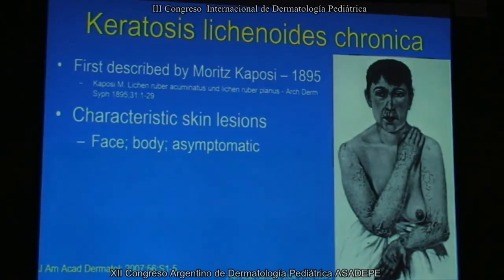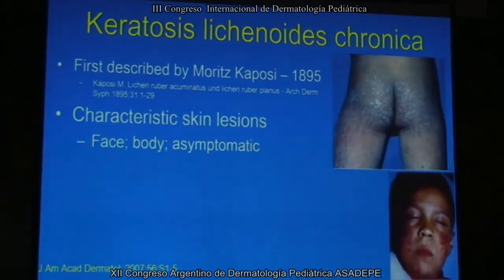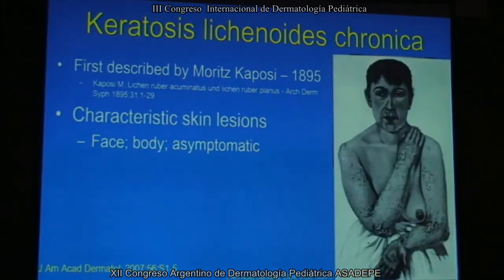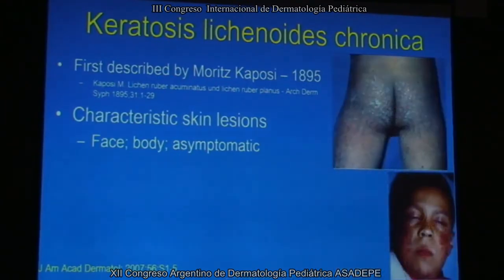The rash affects the face and the body, but is often asymptomatic. And here is from Dr. Kaposi's original paper. And then here are two examples of more modern cases.